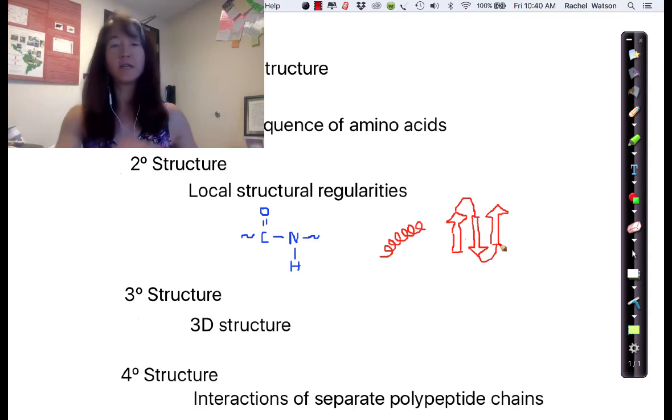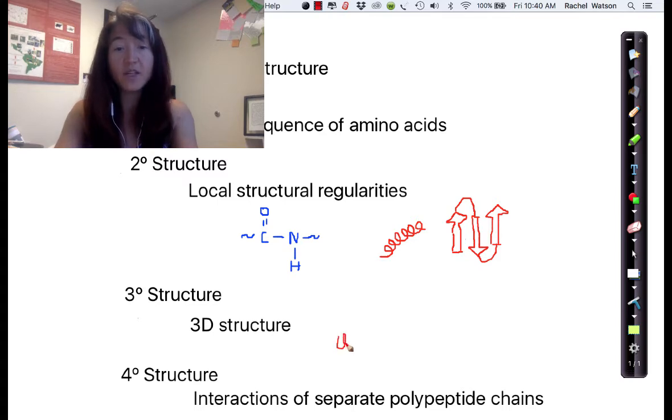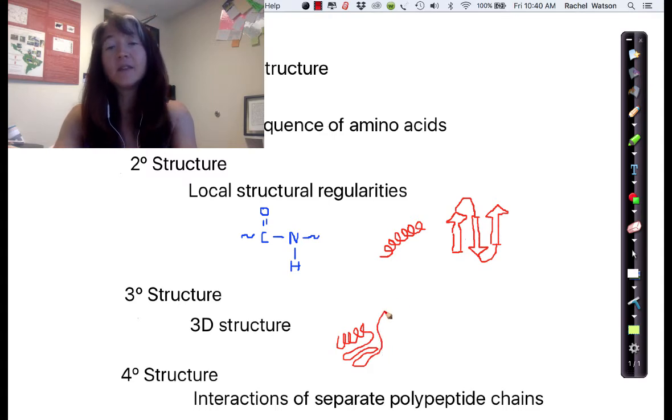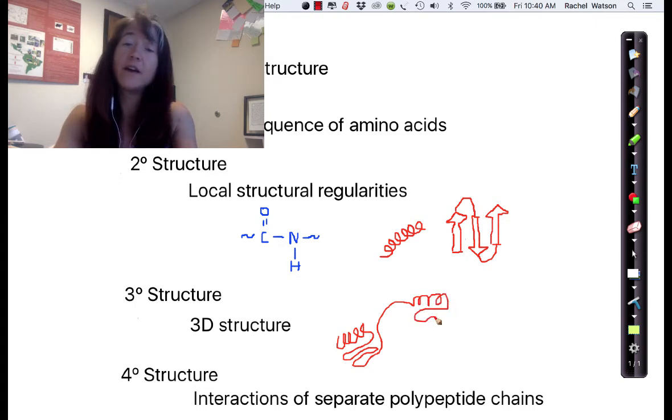And I can draw this as well. So we would show that perhaps we have this region of alpha helical structure here. Maybe it interacts with some beta sheet, in 3D space, hard to draw on a two-dimensional page. But then there's this long extended region here that links together another whole area.